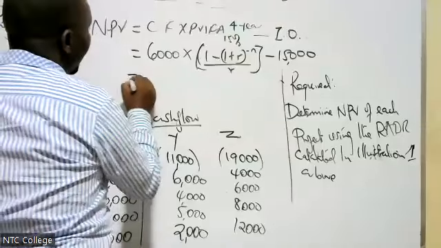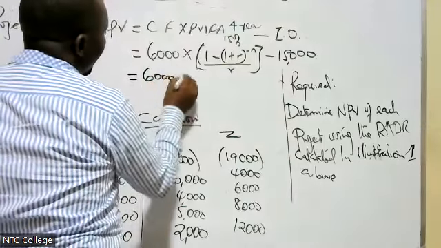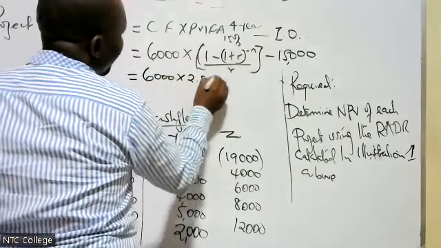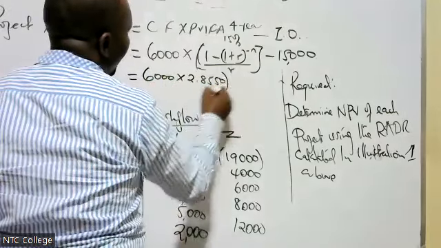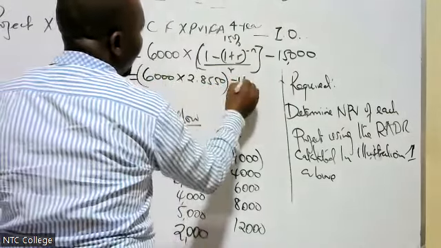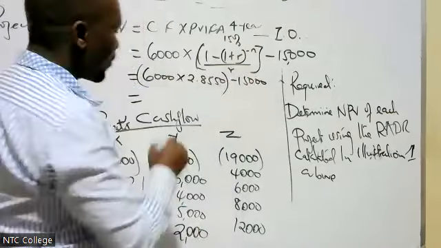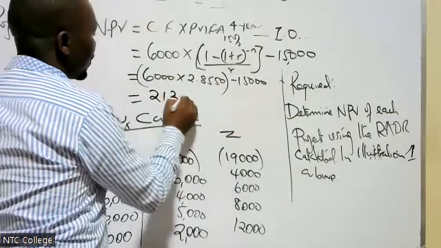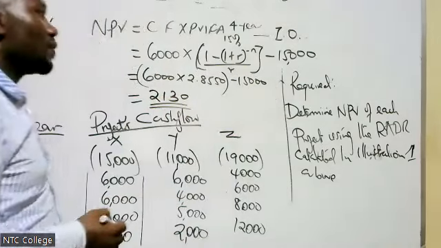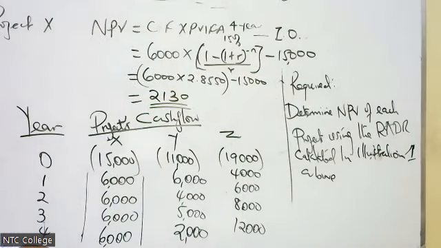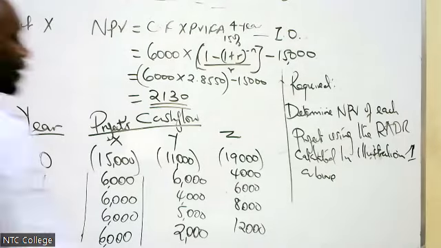So we are having 6,000 times 2.8550 minus 15,000. And I hope that you're going to get your answer, which is 2130. That's the first one. And I hope everyone has seen that.